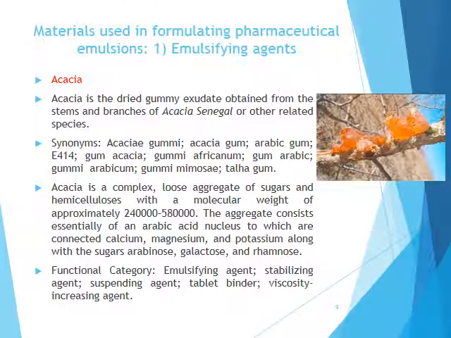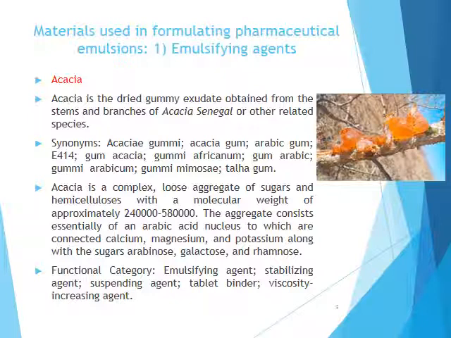Now this slide is showing the emulsifying agents. The first type is Acacia. So Acacia is dried gummy exudate obtained from the stems and the branches of Acacia senegal or the other related species.